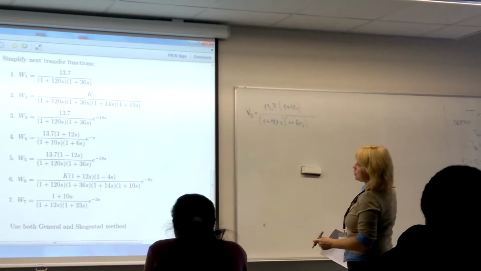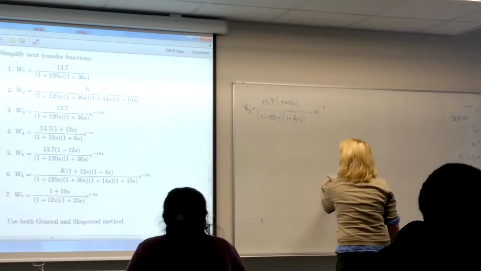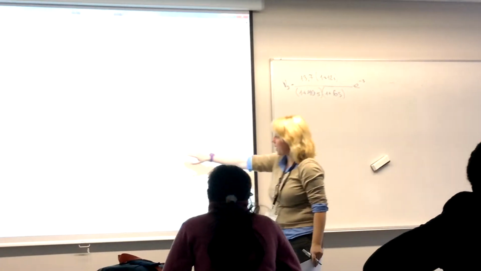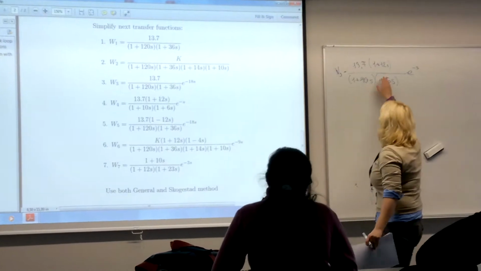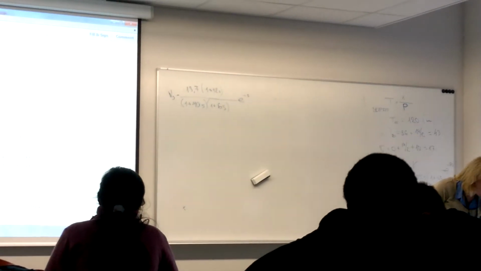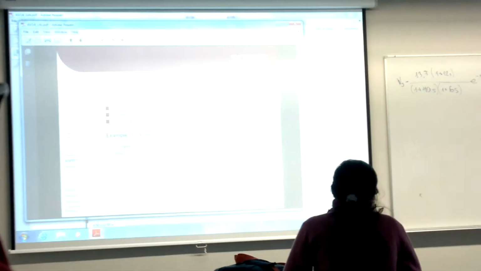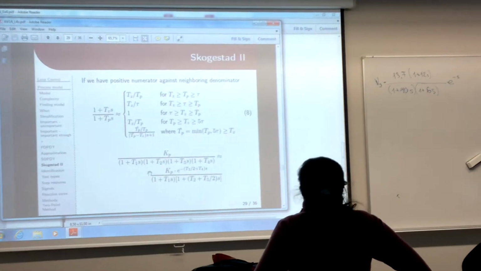And delay, yes. So here we have a problem. If we have a minus, then we can approximate it as a delay. But here we have a plus. And in that case, Skogestad says that we can use such a rule.